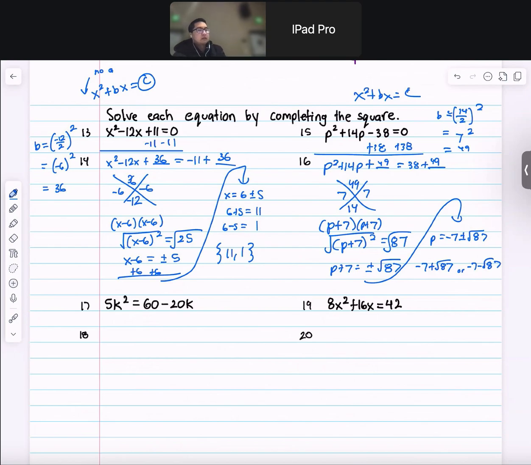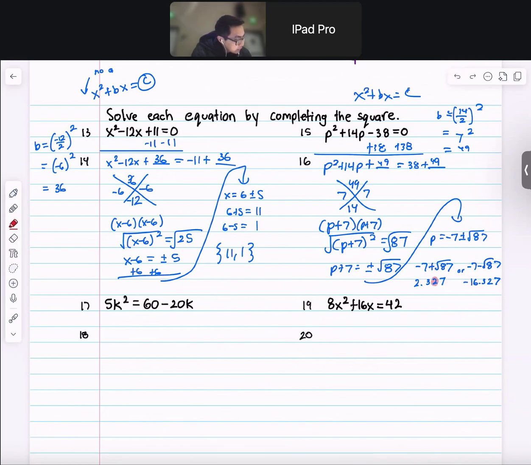And currently my calculator is on the stage right now, so let me grab that real quick. Okay, I got it. Let me plug this in. Negative 7 plus square root of 87 is 2.327. And negative 7 minus square root 87 is negative 16.327. And please round to the hundredths place, right?